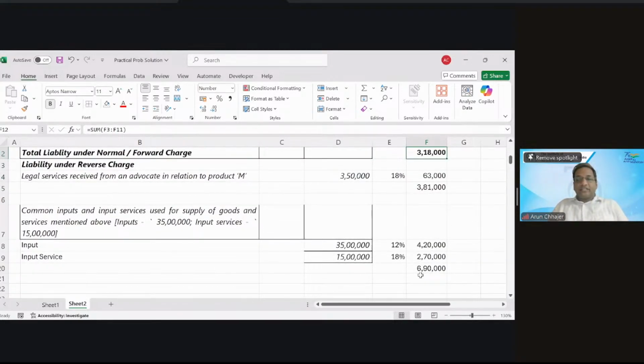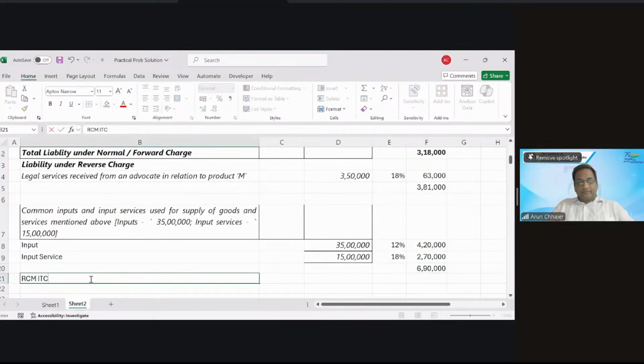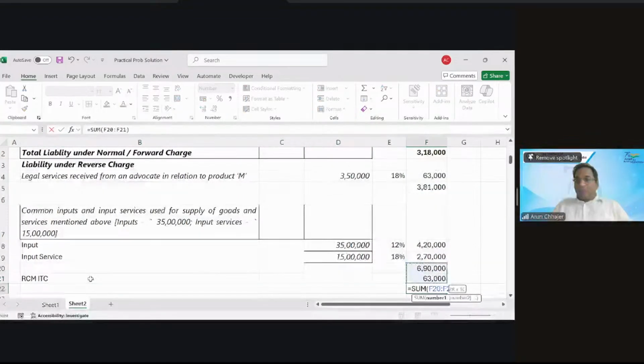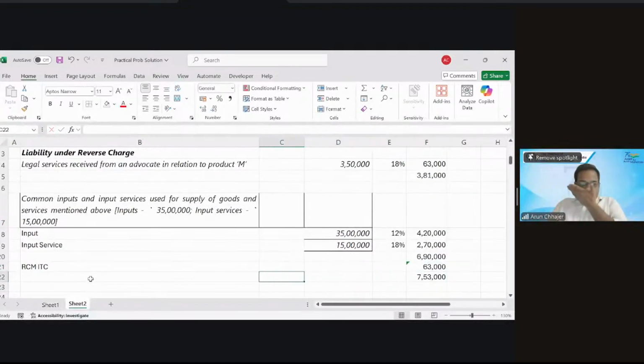He has sufficient ITC, so he can use 690. Any other things I need to do in this question which I have left? Okay, chalo, I'll take RCM ITC also. So the total input tax credit is 7,50,000.